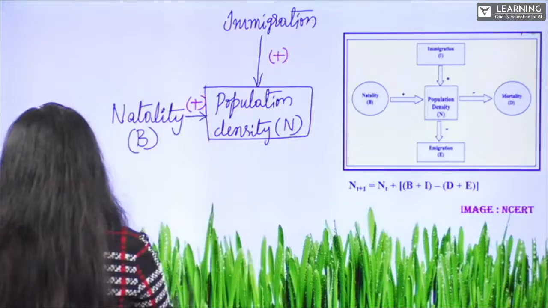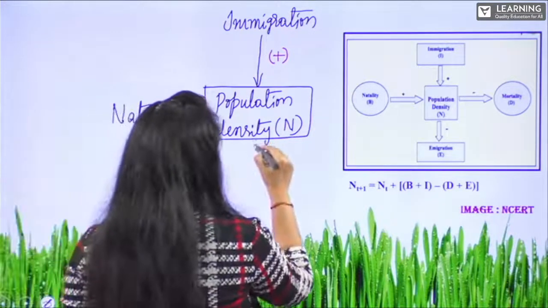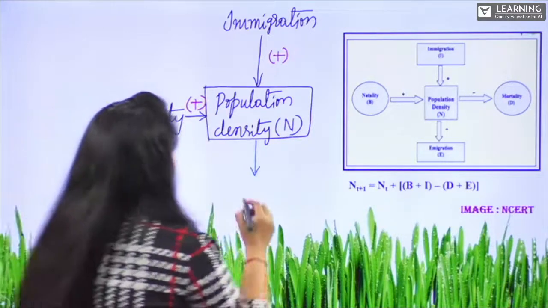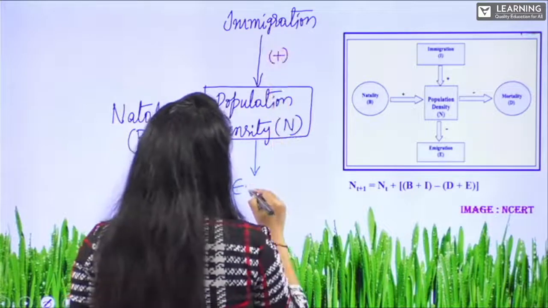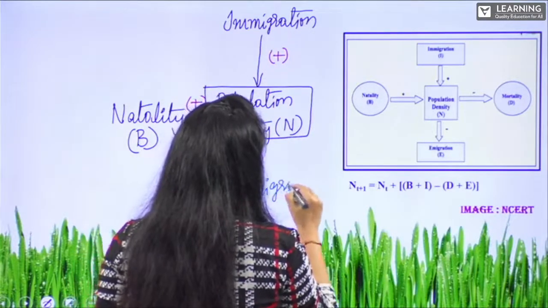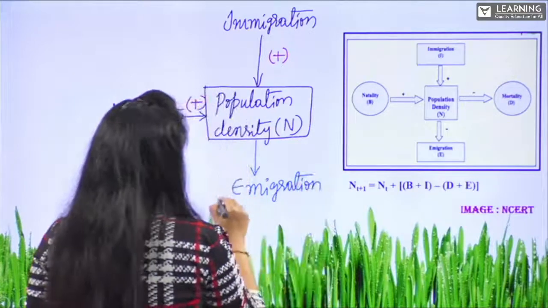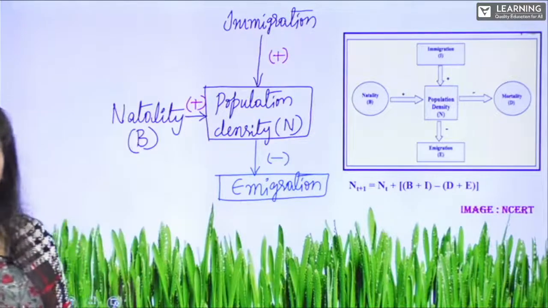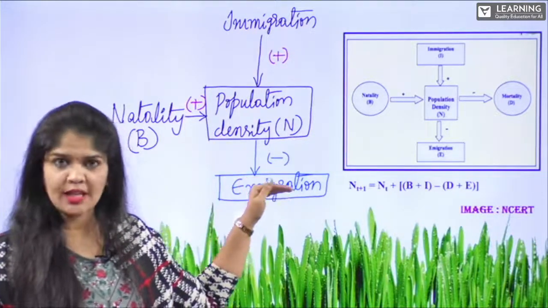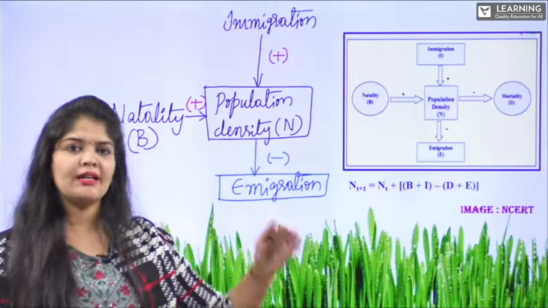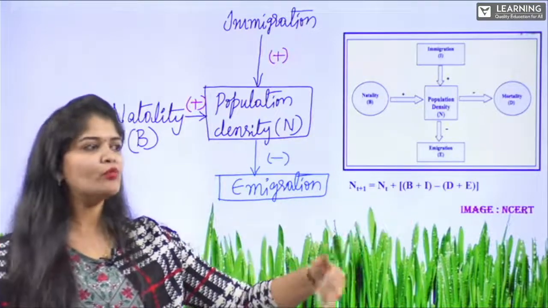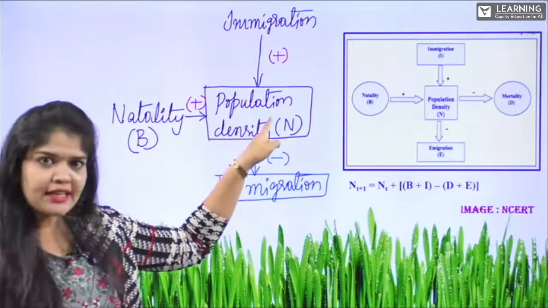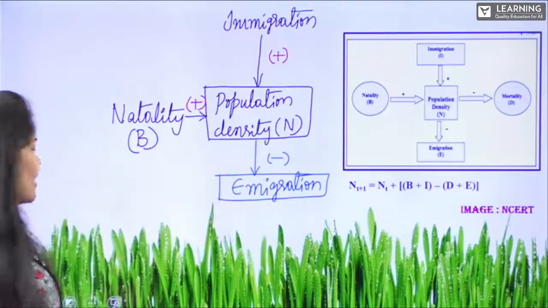Now, opposite to this, emigration. Group of individuals which are moving away from the habitat, leaving the habitat and moving somewhere else. So it is contributing to the decrease of this population density. So minus.